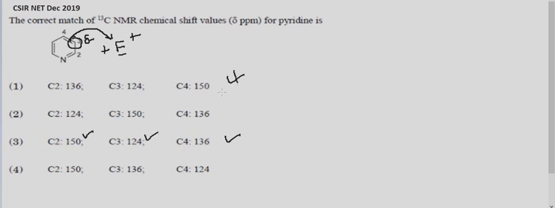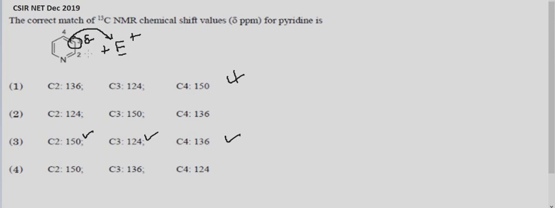So I repeat once again. What we have done here is apply the basic organic concept we already know to the NMR shift values. We know that higher the electron density, more shielded, less chemical shift value. Less electron density, deshielded, high chemical shift value. So we figured out that electrophilic substitution on the pyridine ring is most favorable at position 3.